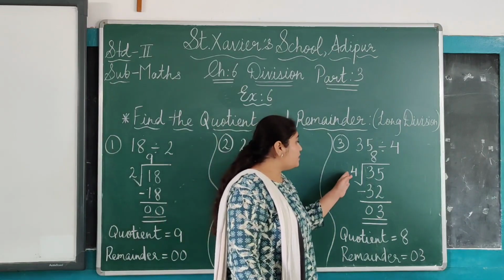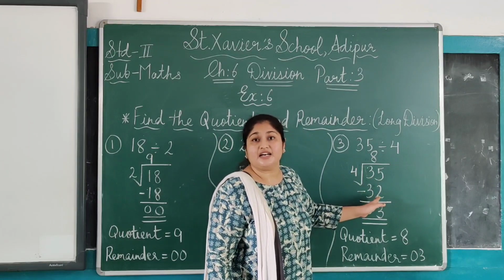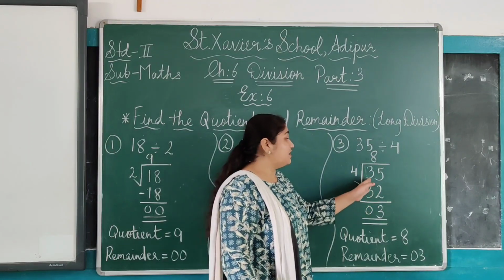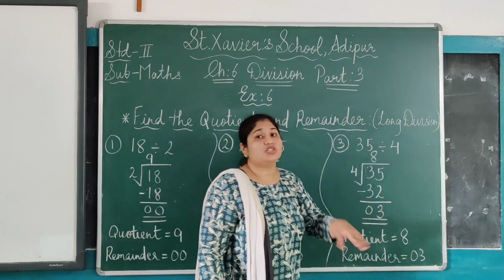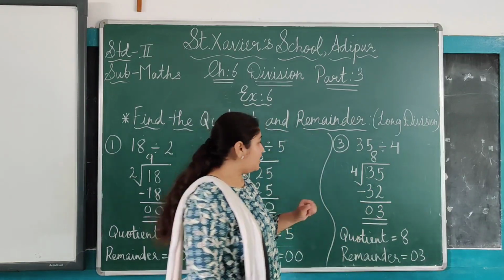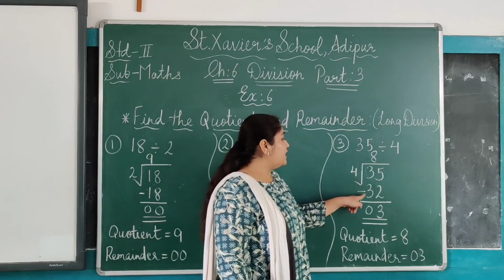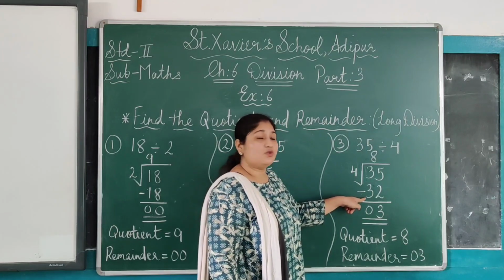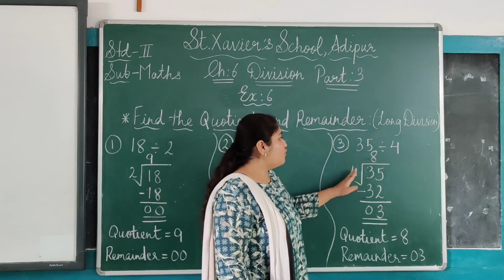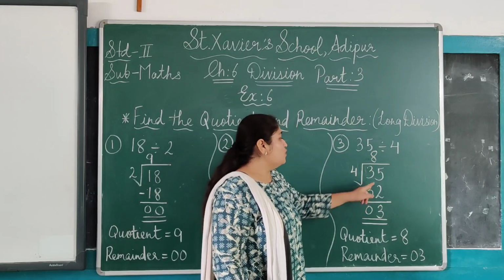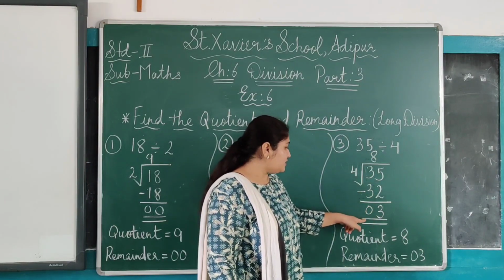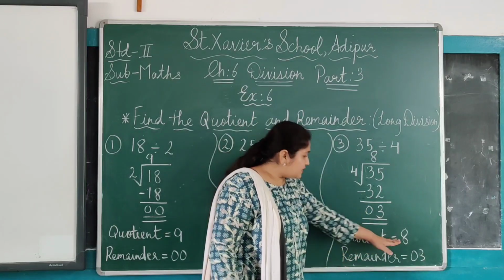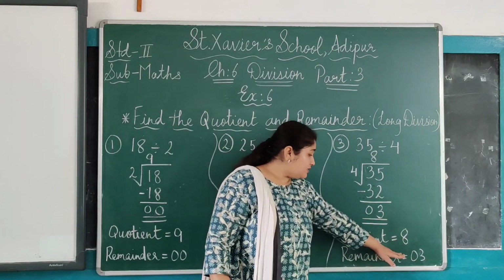Then 4 के टेबल में 4 9s are 36 आता है. 36 आता है, but 35 नहीं आता. तो बड़ा नंबर नहीं ले सकते, उससे छोटा नंबर चाहिए हमको, राइट? सो छोटा नंबर क्या आया? 32. And that is going 8 times. 4 8s are 32. 5 minus 2 is 3 and 3 minus 3 is 0. So our quotient is 8 and remainder is 3.